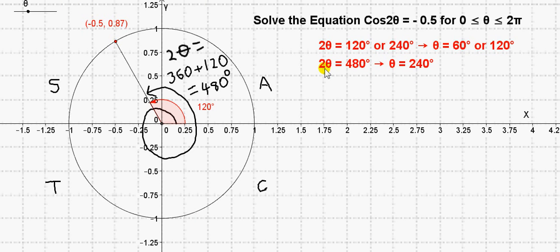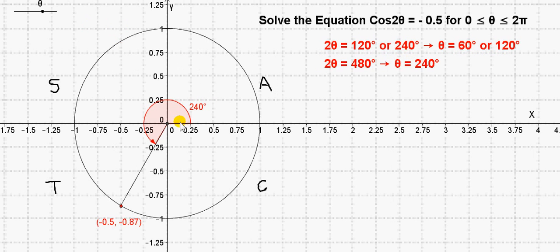Of course I can do the same thing to 240 degrees. I can add 360 onto 240 degrees and divide by 2. So let's take a look at that angle. So here it is, 360 plus 240. The cos of that angle will also be minus 0.5.